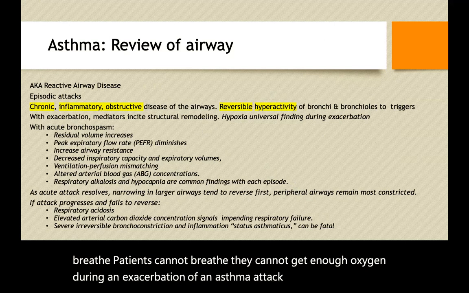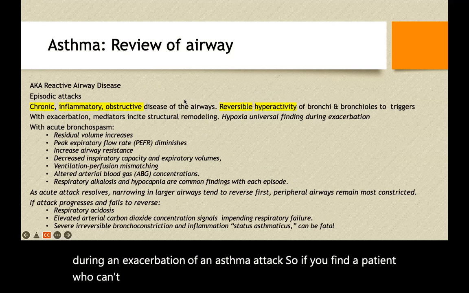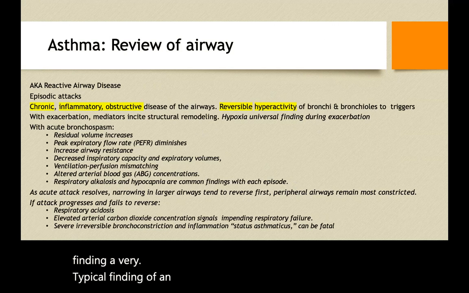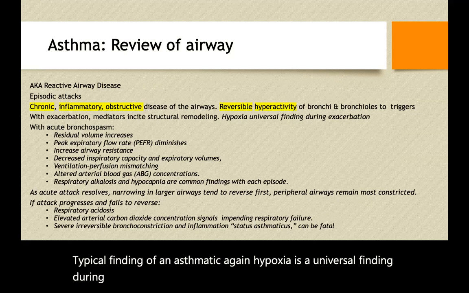So if you find a patient who can't breathe during an asthma attack, you are finding a very typical finding of an asthmatic. Again, hypoxia is a universal finding during an exacerbation.